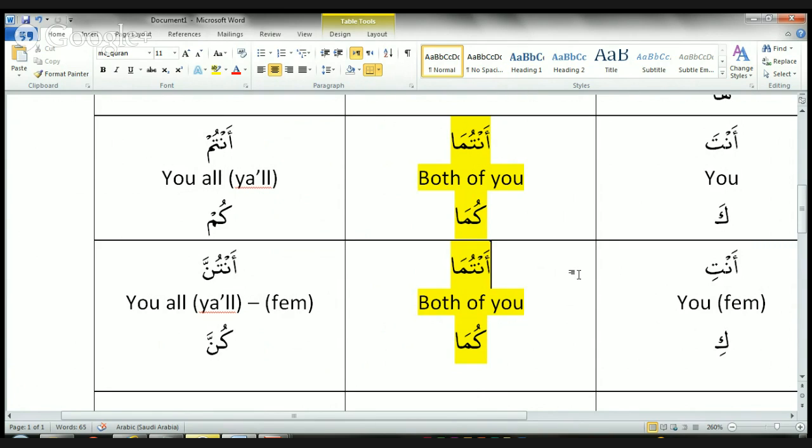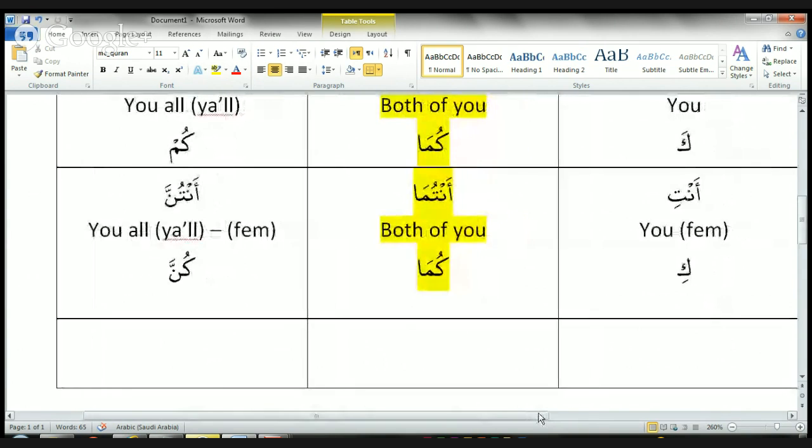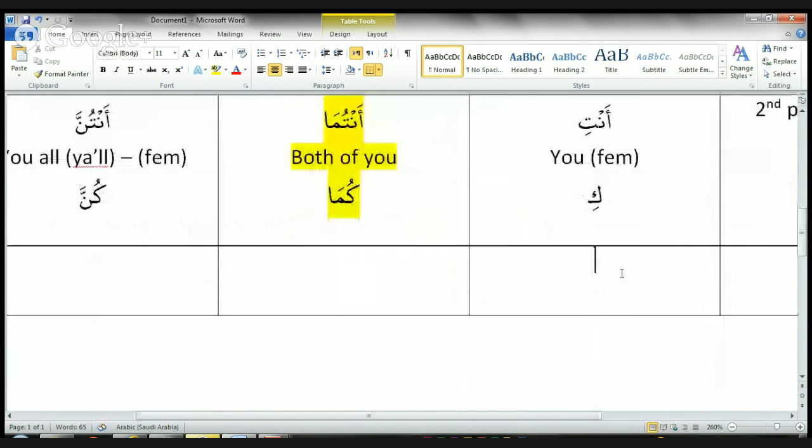For example, what does huma mean? Huma. Nope. Hum means they. Huma means both of them. Very good. So, anta, antuma, antum, anti, antuma, antunna, and there's only two more.